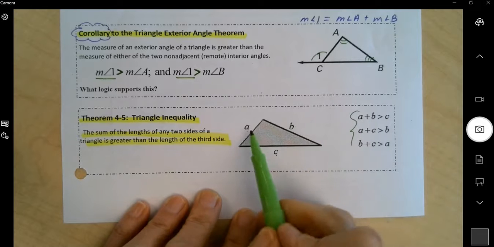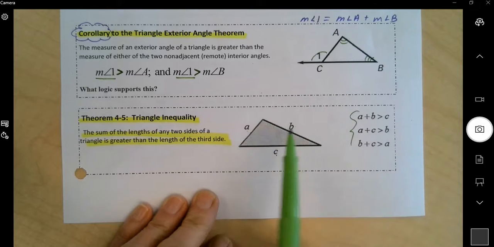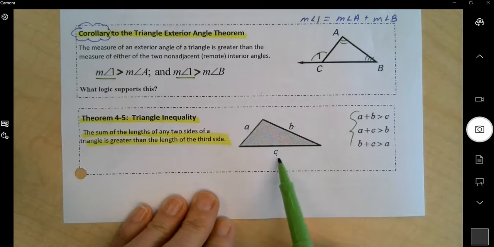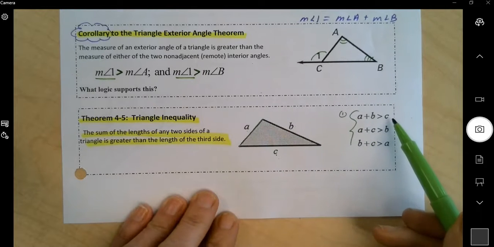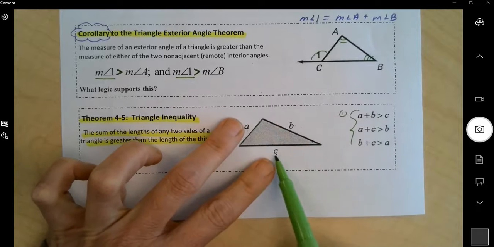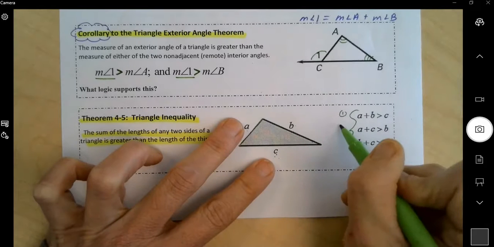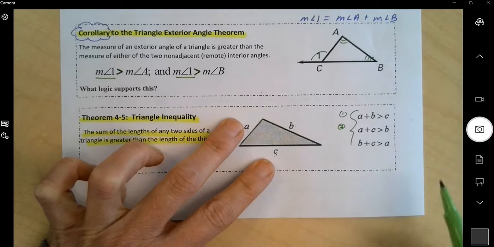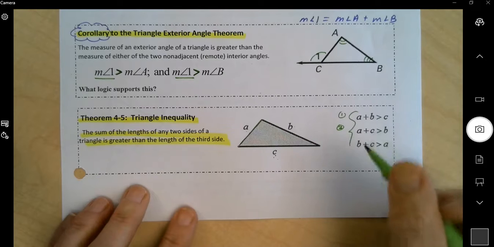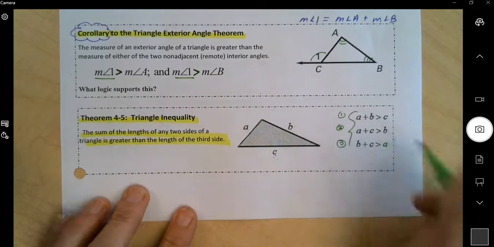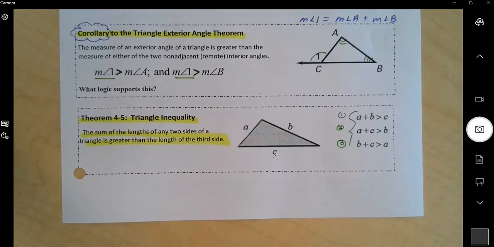So that means that this side plus this side has to be bigger than this side. That's what this first one says. But that also means that these two sides together have to be bigger than B. And that also means that these two sides added together have to be bigger than A. So we can write three different inequalities from that triangle.